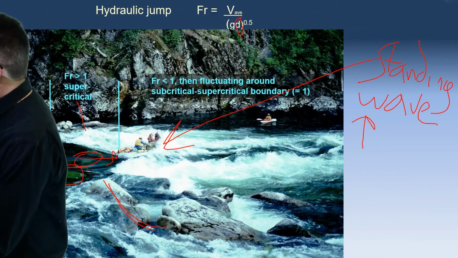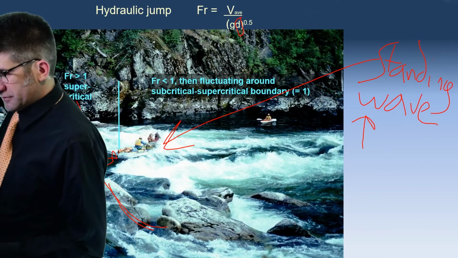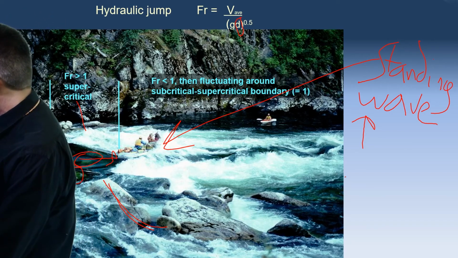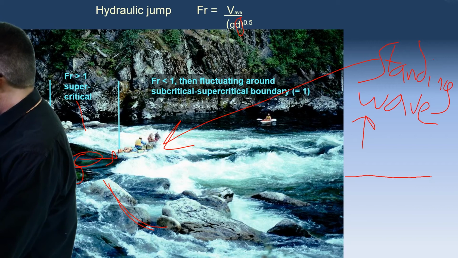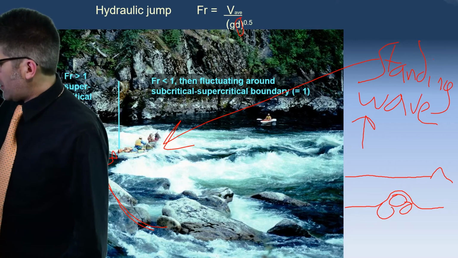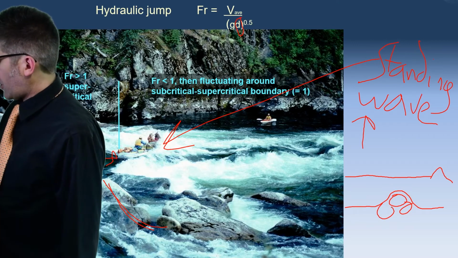So if I were to draw this here, I just draw right here, here's our channel. Then here's the bed right here with the big boulders in it. So on this side of the boulders, our depth goes up.